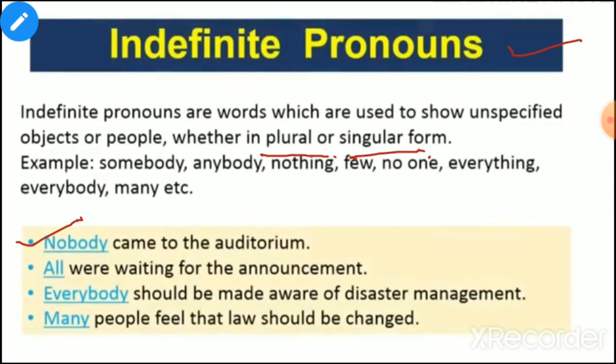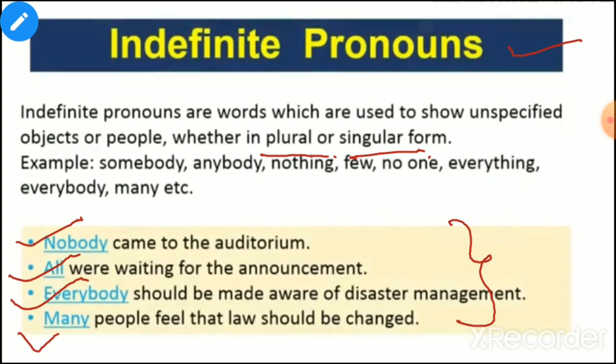All were waiting for the announcement. Everybody should be made aware of disaster management. Many people feel that the law should be changed. So these are the examples of indefinite pronouns.